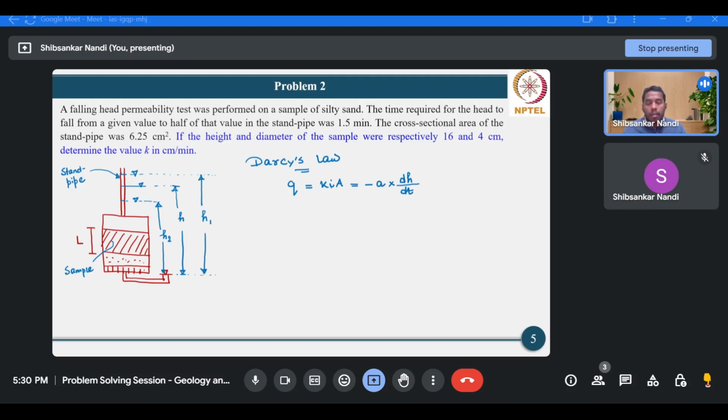So this is the rate of flow through the soil sample, and this is again the rate of flow through the standpipe, but both flows should be equal. So this is from the soil sample and this is from the standpipe.